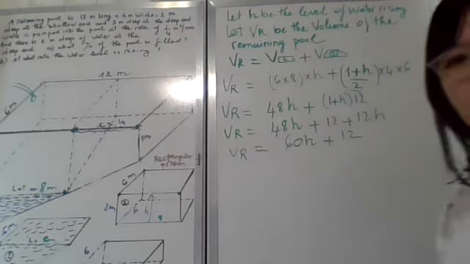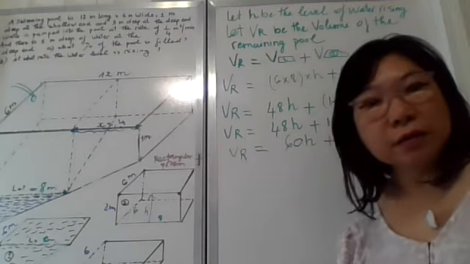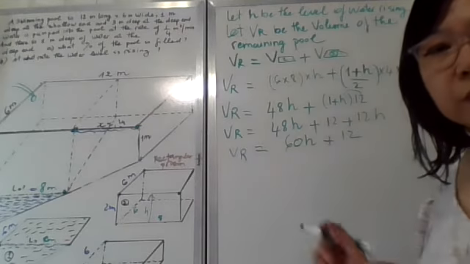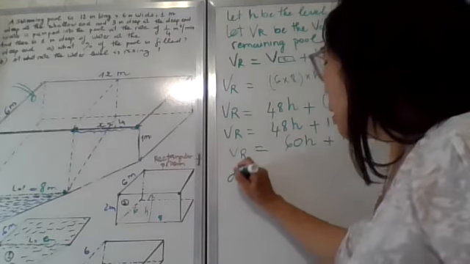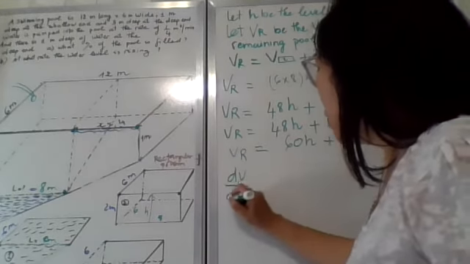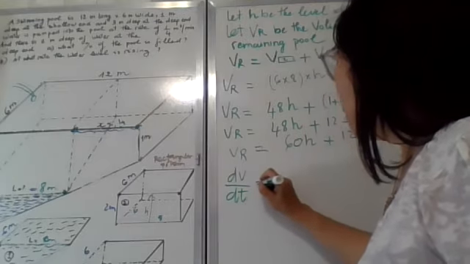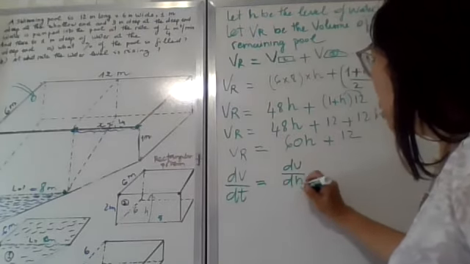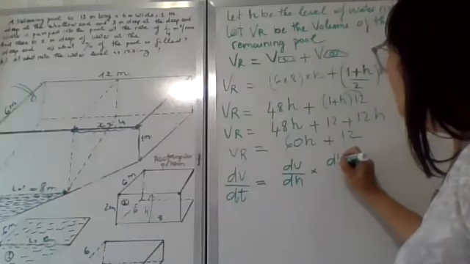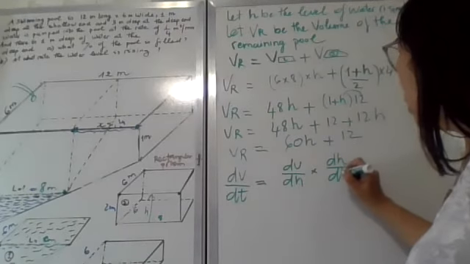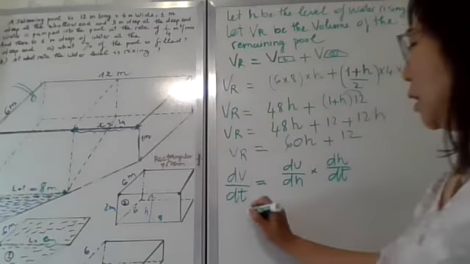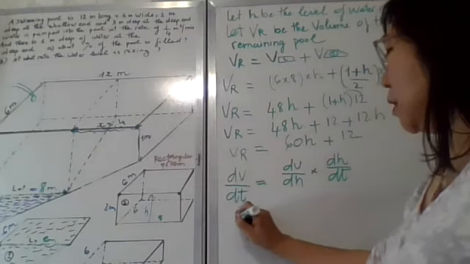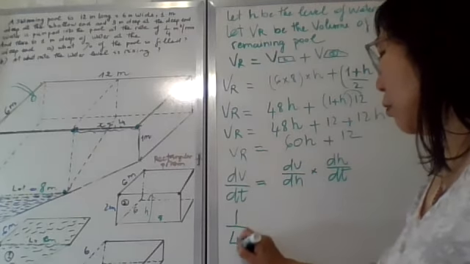At this point, we can find dV. We can take the derivative of both sides. So dV over dt will be equal to dV over dH times dH over dt, the chain rule. And what is dV over dt? It's given to us as 1 over 4.